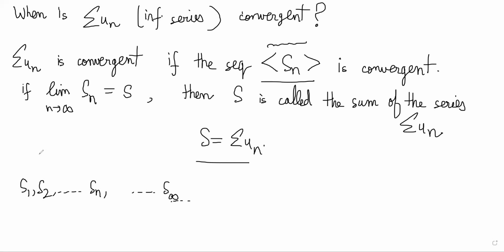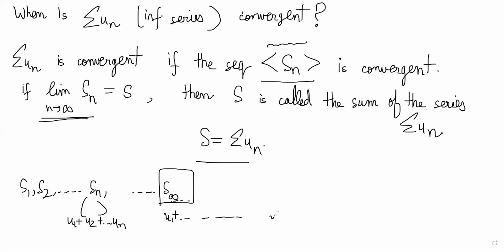So if you consider the sequence of partial sums, what does this mean? This means u1 plus u2 till un, right? And if n tends to infinity, the limit you take here, or this sequence is convergent, then n tends to infinity means you are technically taking u1 till u infinity.